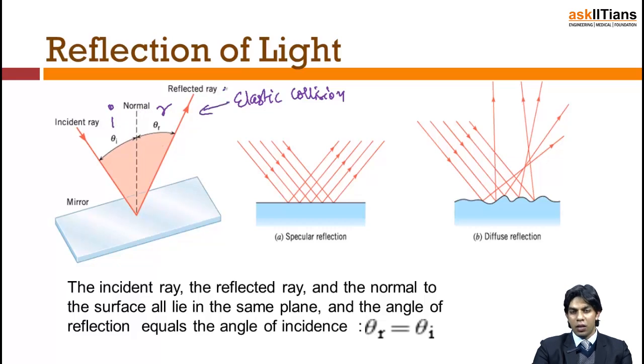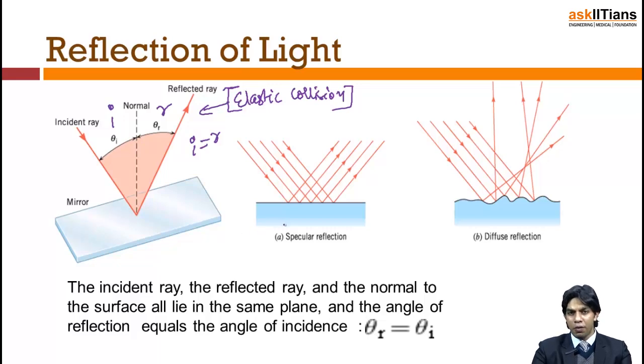So the condition that all those tiny balls are undergoing elastic collision governs this fact, that is, the angle of incidence is equal to the angle of reflection. That's the reason behind the law of reflection, i equals r.